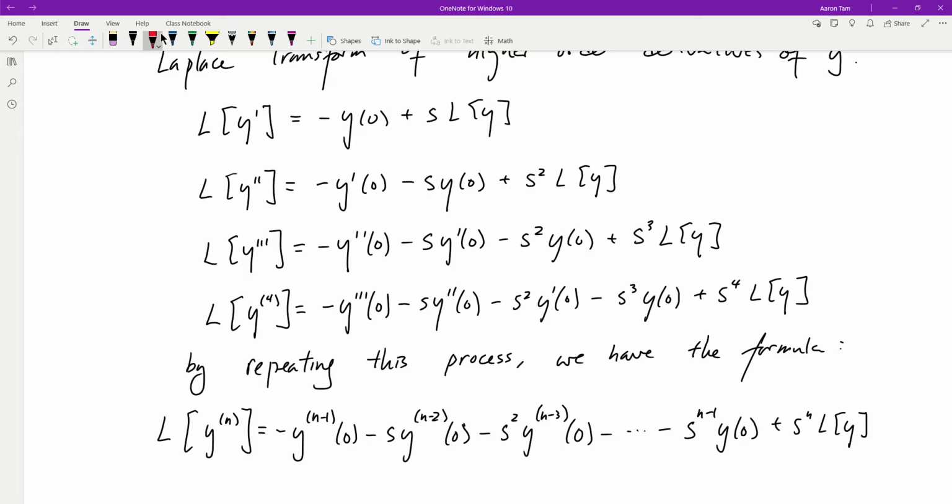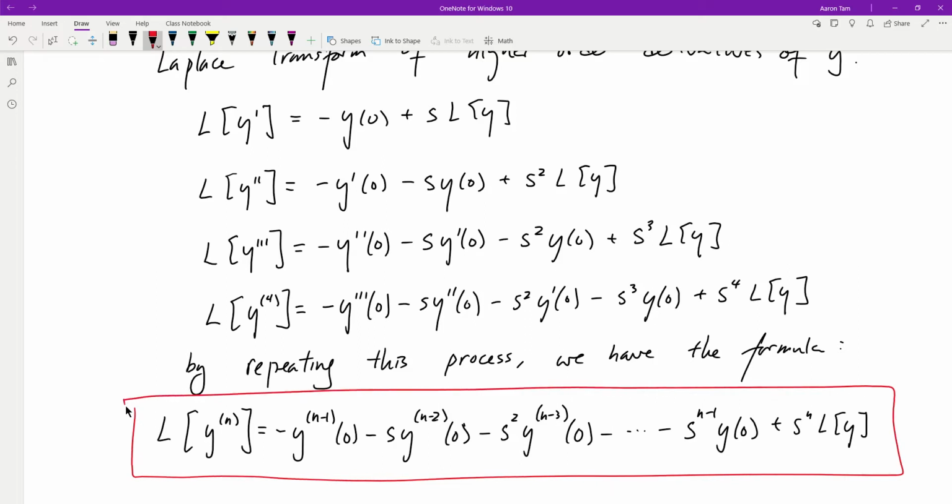So this is the formula that you kind of need to know. Even though this formula is written for y to the nth derivative, we highly unlikely use it past third derivative. We are not going to do really high order differential equations.